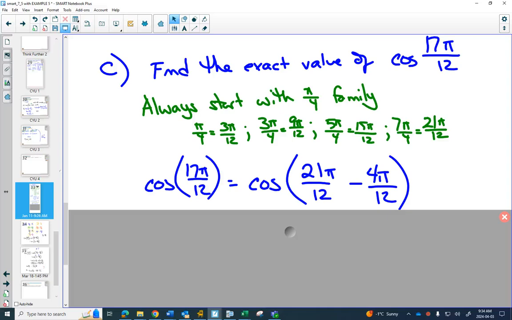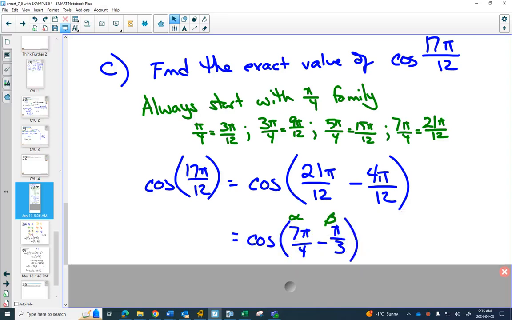Pi over 4 is 3 pi over 12, 3 pi over 4 is 9 pi over 12, 5 pi over 4 is 15 pi over 12, and 7 pi over 4 is 21 pi over 12. Once you've written those, I chose the 21 pi over 12, and I have too many, so I'm going to have to subtract. How many do I have to take away from 21 to make 17? I have to take away 4. And then when I reduce those down, they're always on my pie plate. All right, we'll continue with this tomorrow.